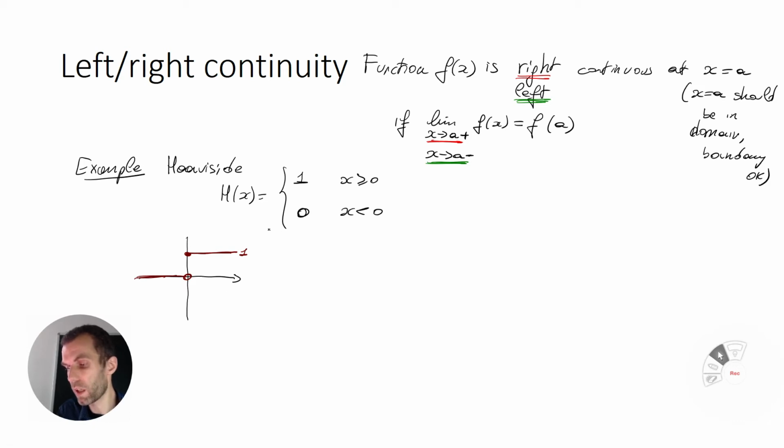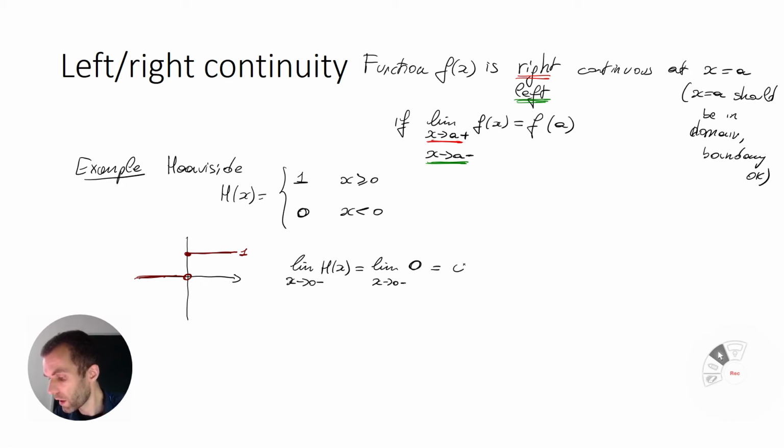So let's see if that function is left or right continuous at 0. First of all, we see from this jump it's not going to be continuous, but let's calculate that. So let's calculate the limit for x going to 0 minus. So that's the limit of the constant value 0, because x is negative, and that's 0.